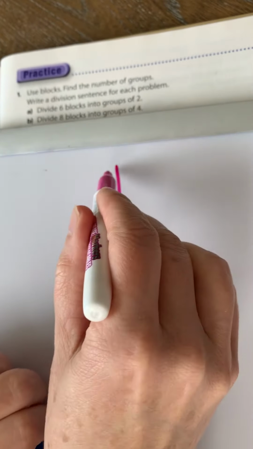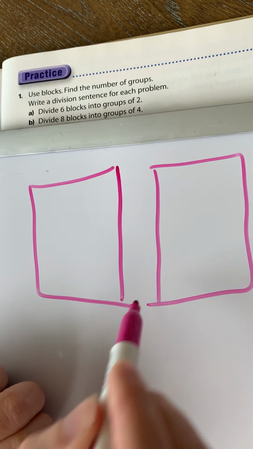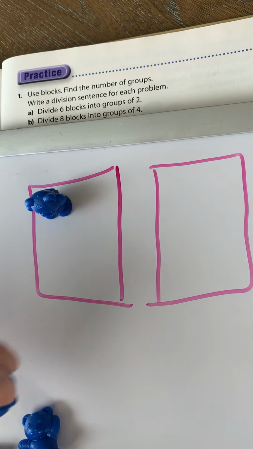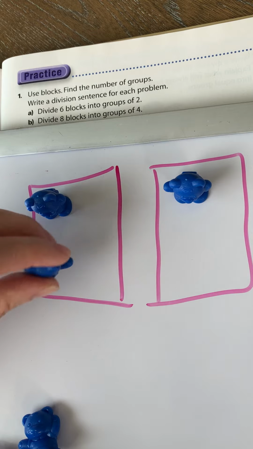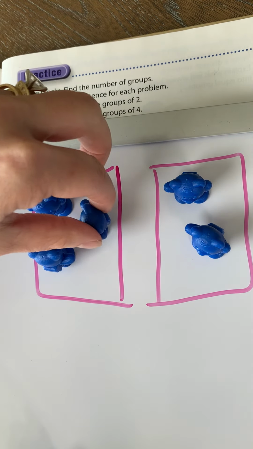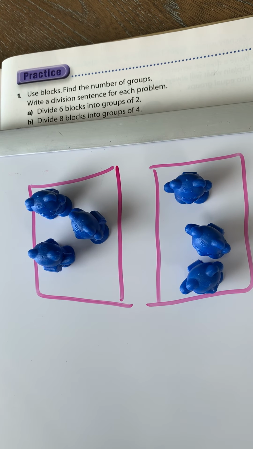So I'm going to make group 1, group 2, and put 1 in here, 1 in there, 1 in here, 1 in there, 1 in here, and 1 in there. And guess what? I used them all up.